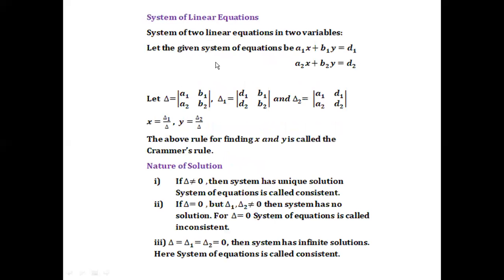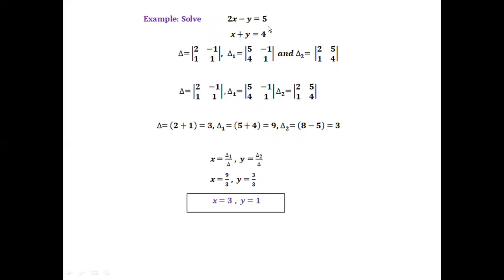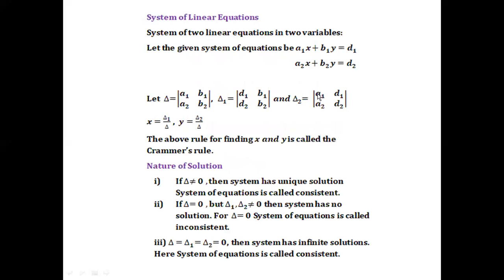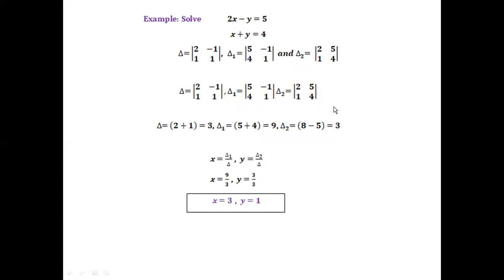Now delta 1 is d1, d2, b1, b2: d1, d2 are the constants 5, 4, and b1, b2 are -1, 1. And delta 2 has a1, a2, that is 2, 1, and d1, d2, the constants 5, 4.